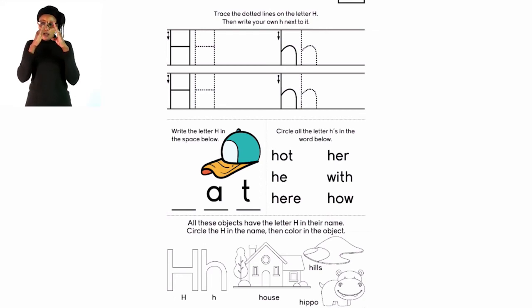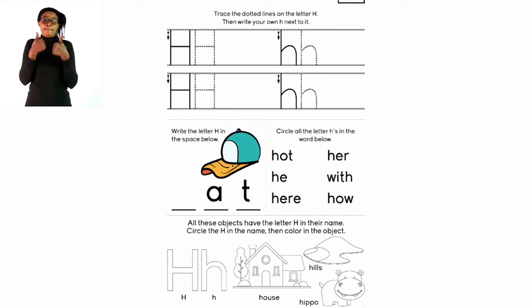Color the picture of the house in and circle only the H sound. Next to the house is a picture of a hill. Color in the picture and circle the word or the letter H. Under the hill is a hippo. Color the hippo in and circle the letter H.